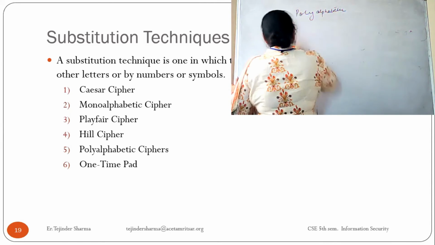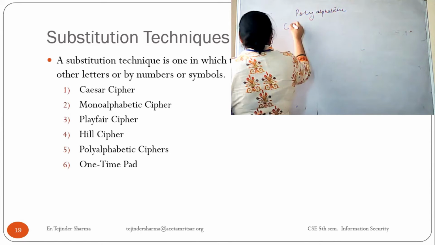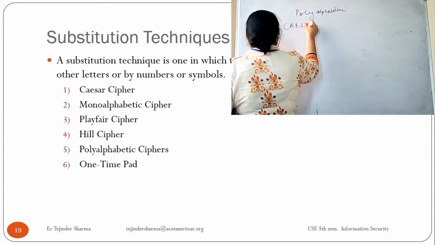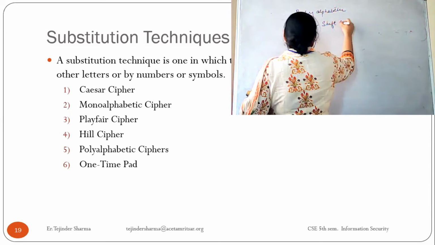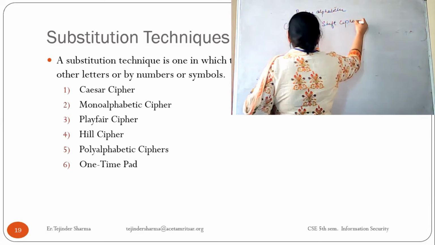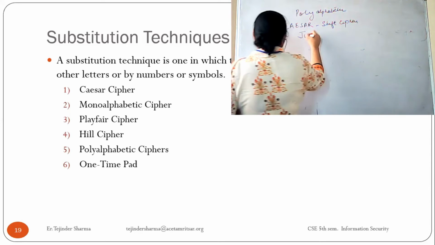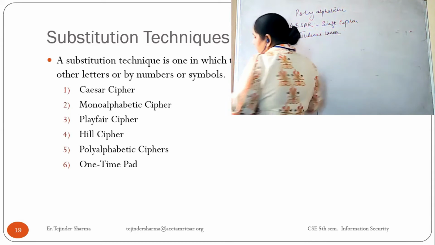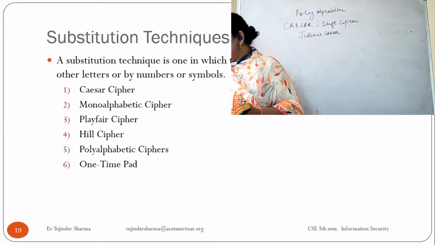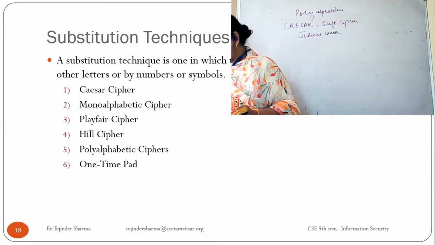Now comes the Caesar cipher. Caesar ciphers are also known as shift ciphers, and they were proposed by Julius Caesar.